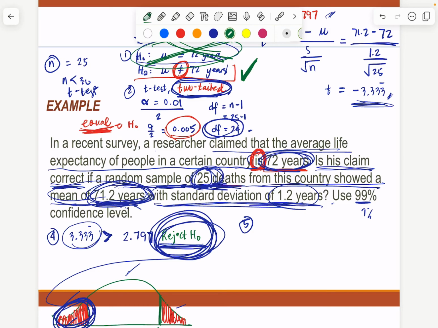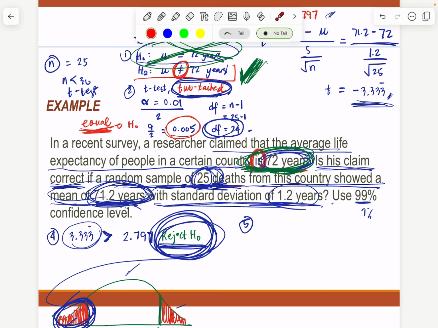So is the claim correct or not? Our claim is not correct. Why? Our claim says the average is equal to 72 years. However, what we accepted is the alternative hypothesis, so the claim is incorrect, because the alternative hypothesis is not equal to 72 years.